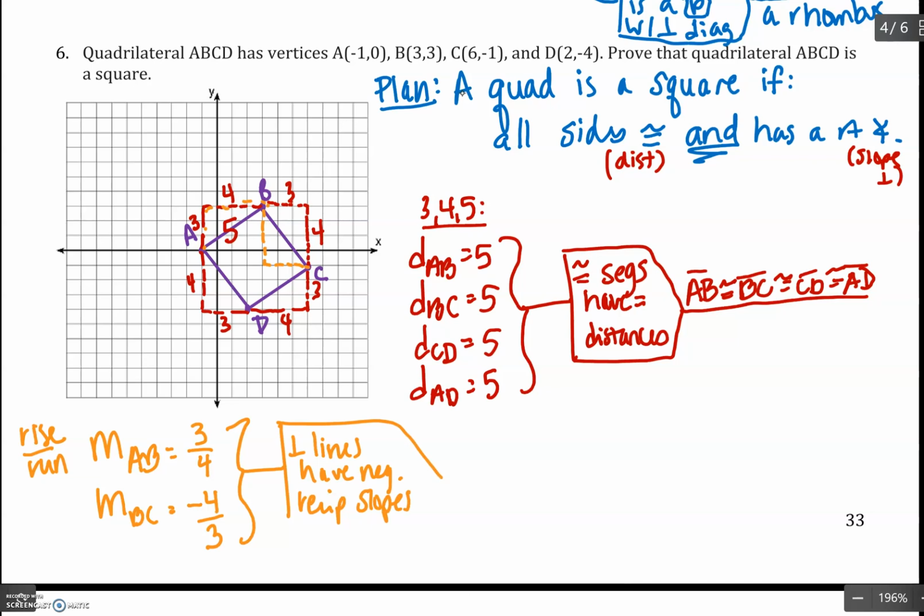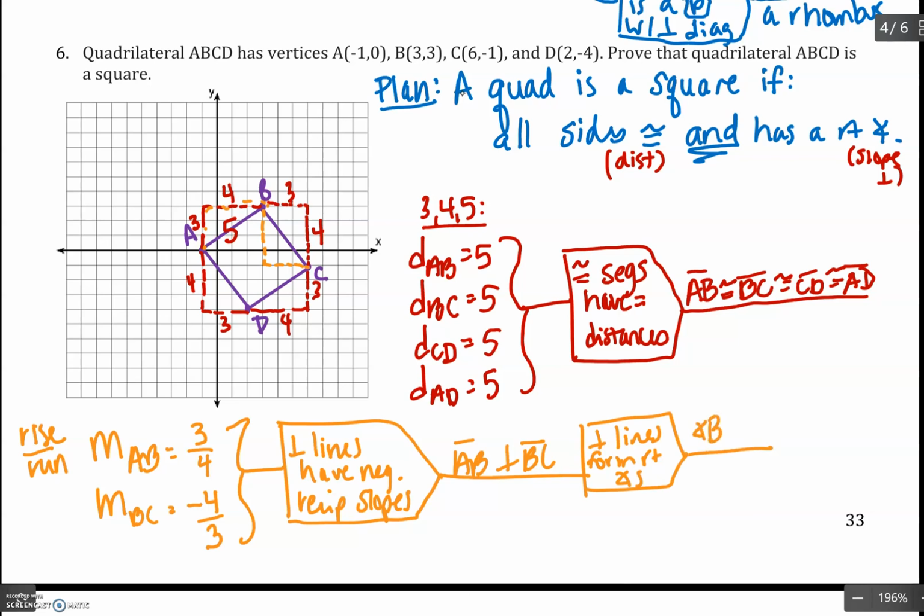And I therefore know that AB is perpendicular to BC, which means perpendicular lines form right angles, that where they meet, which they share the letter B, they meet at angle B, is a right angle. It's 90 degrees.